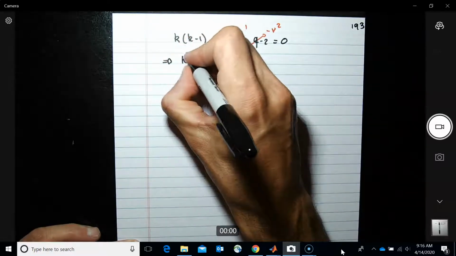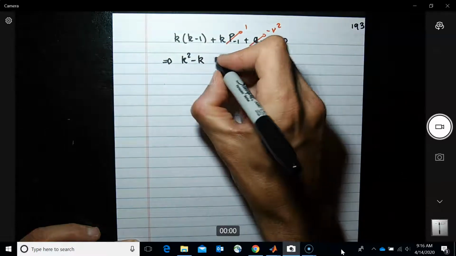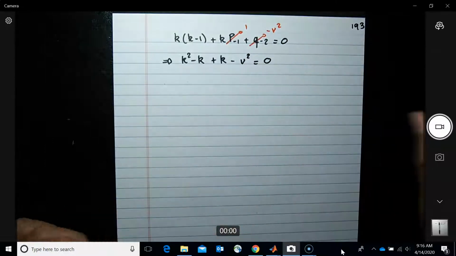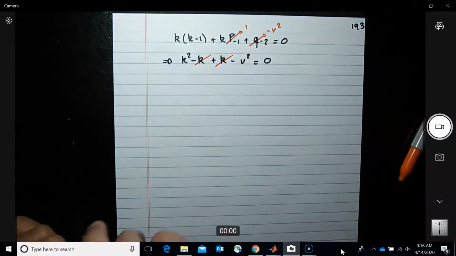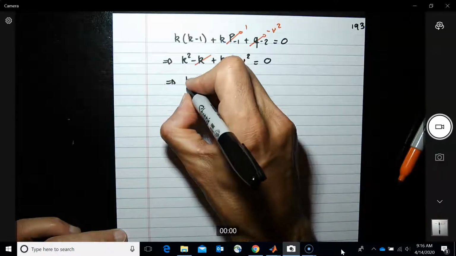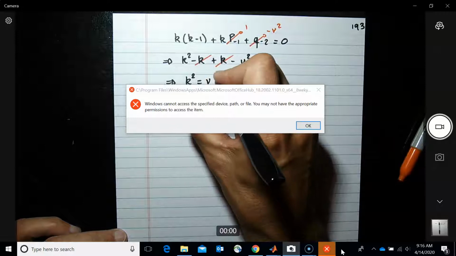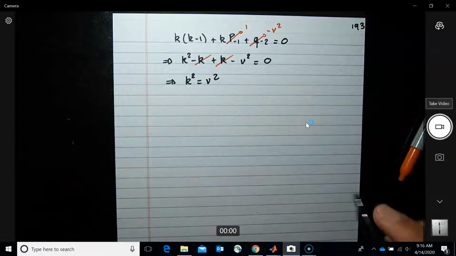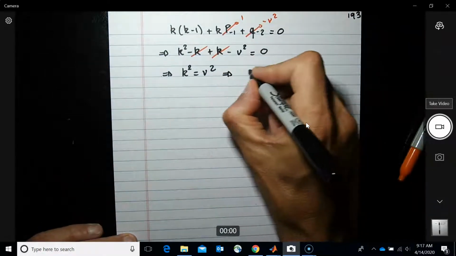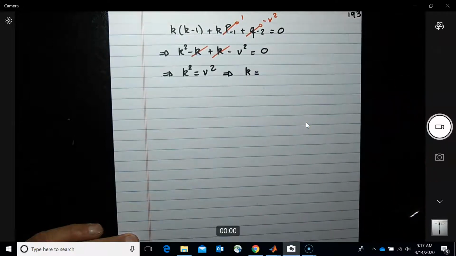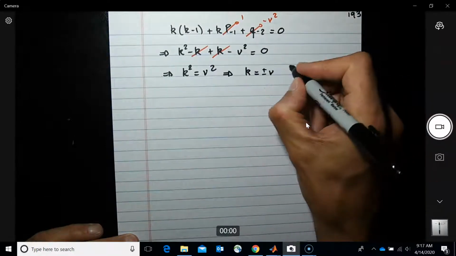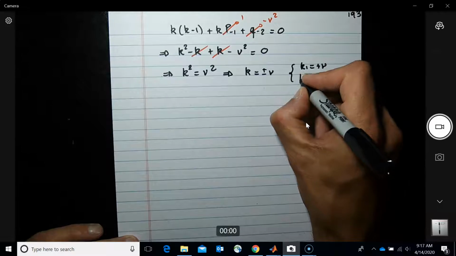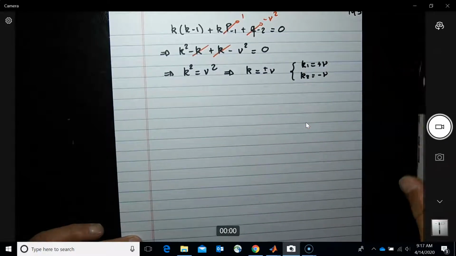We get k squared minus k plus k minus mu squared equal to 0. So the k's cancel out, and basically we get that k squared equals mu squared, which means that k will be equal to plus or minus mu. Or if you want, k1 will be equal to positive mu, k2 will be equal to negative mu.